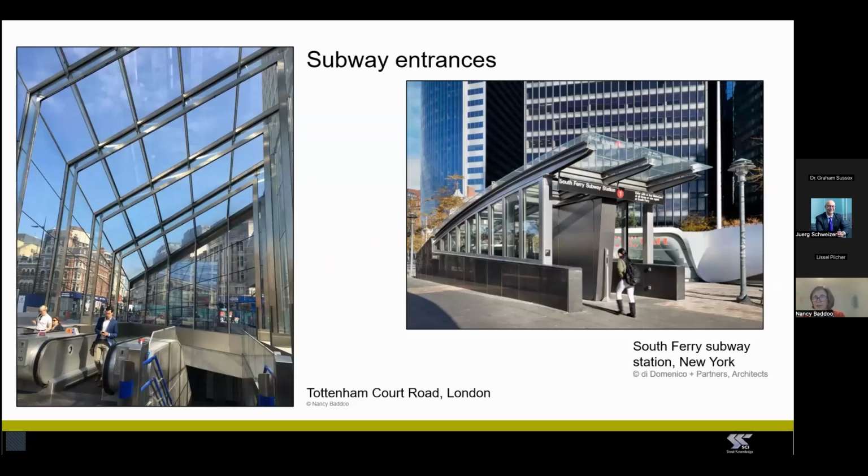Now, this subway was flooded during Hurricane Sandy a few years ago, and a lot of damage was done. Floodwaters rushed down, and all the mechanical and electrical equipment was spoilt by the floodwaters, and it was very, very costly to repair.